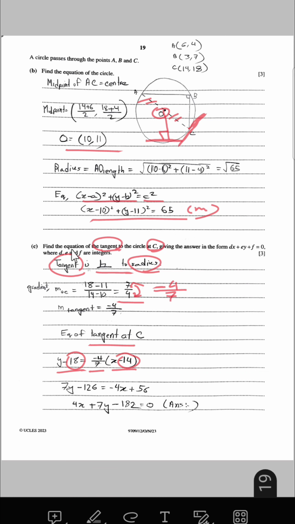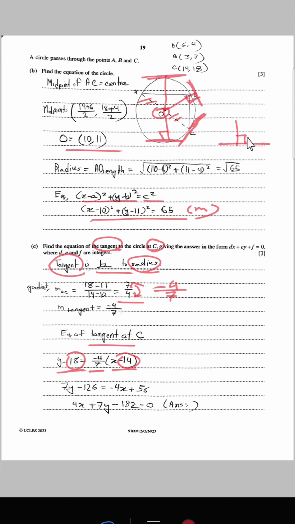Then in part C, find the equation of the tangent to the circle, giving your answer in the form of this expression. To find the equation of the tangent to the circle, we know that the tangent is always perpendicular to the radius, wherever the tangent lies around the circle. So as the tangent is perpendicular to the radius, the gradient of the radius would be the opposite reciprocal of the gradient of the tangent.